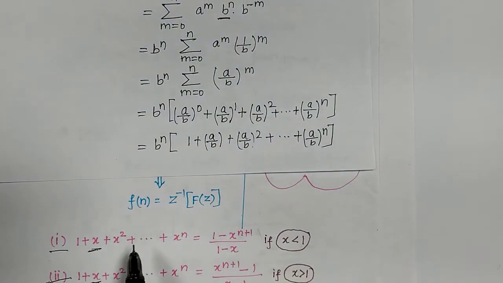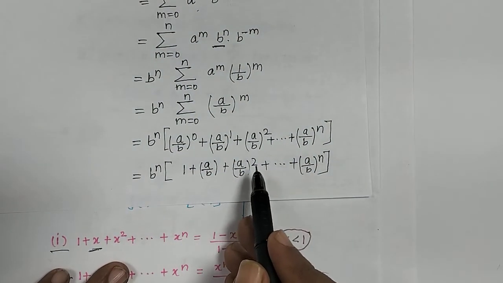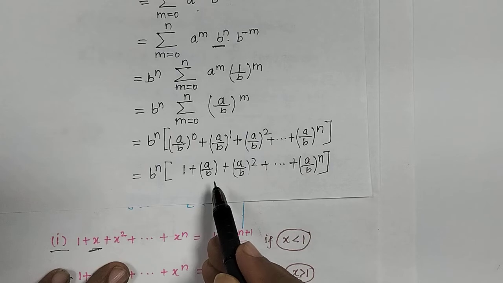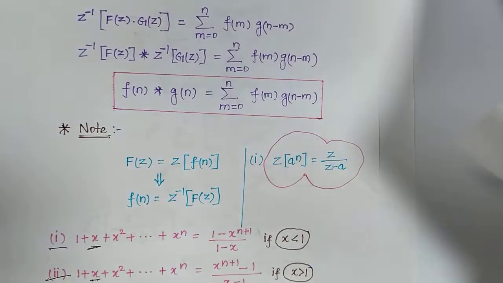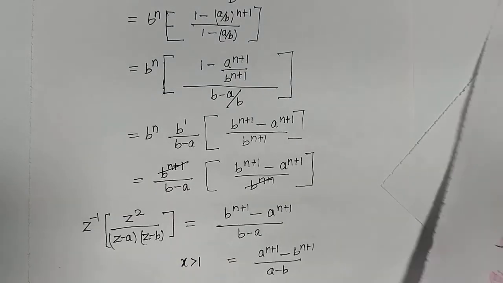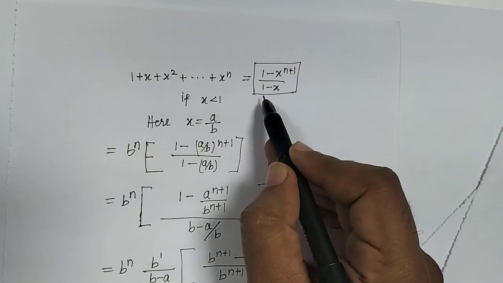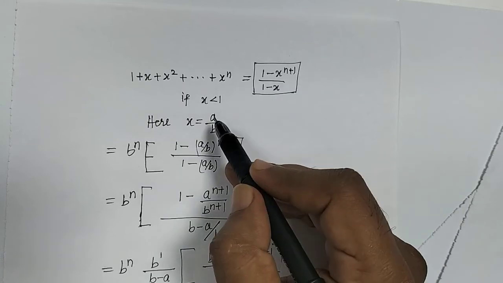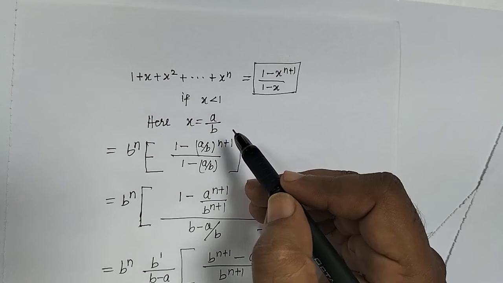Finally we substituted this formula while doing here: 1 plus a by b plus a by b whole square, equal to, consider 1 plus x square, and x power n the general term. You can compare. So when comparing the general term, here I took the formula 1 minus x power n plus 1 divided by 1 minus x, because we don't know the value of a by b. If it is more than 1, generally we can take the x greater than 1 formula.